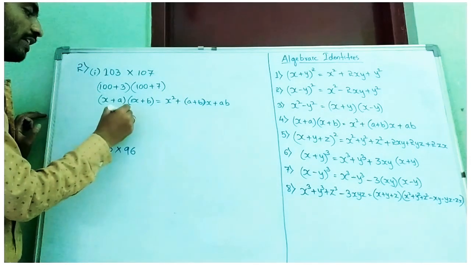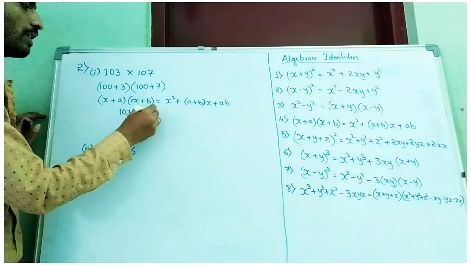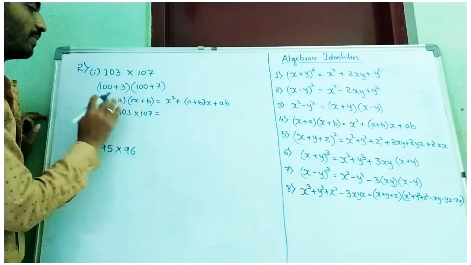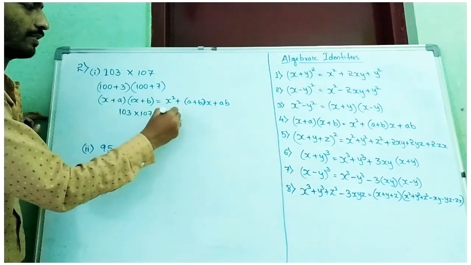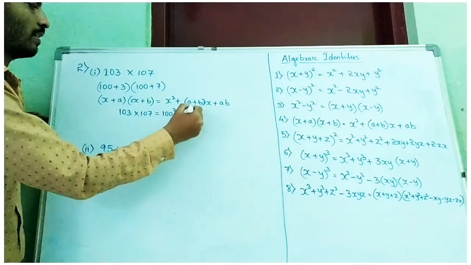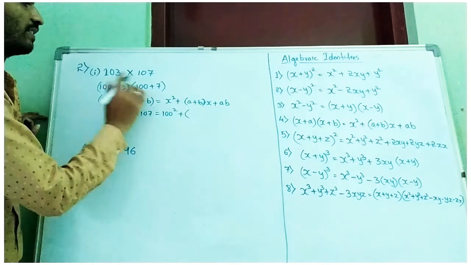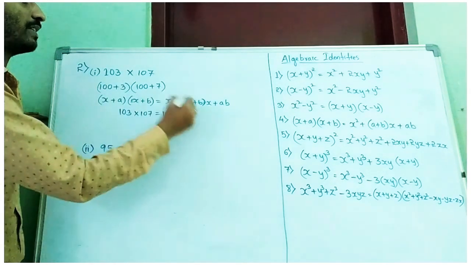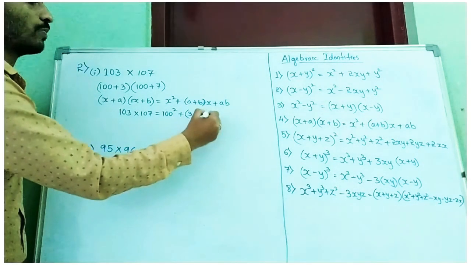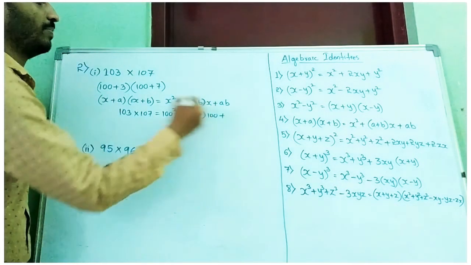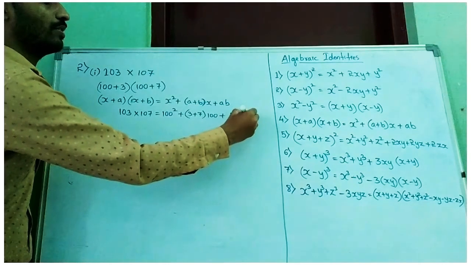So here I will write 103 into 107 gives us x², which means 100², plus (a + b), what is a? 3, plus b is 7, into x, which is 100, plus ab, which is 3 into 7.